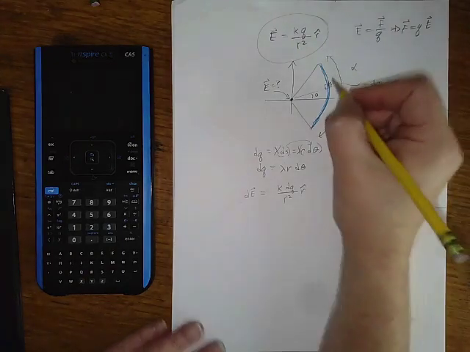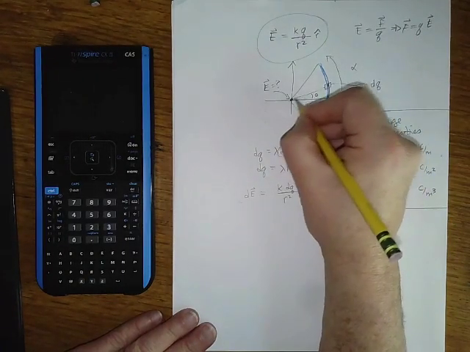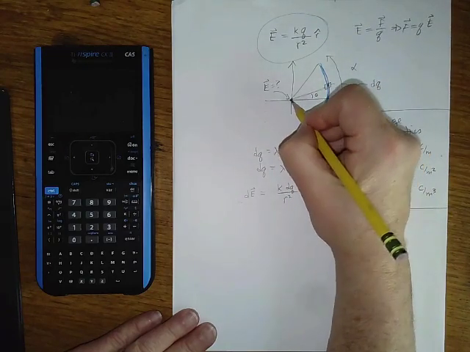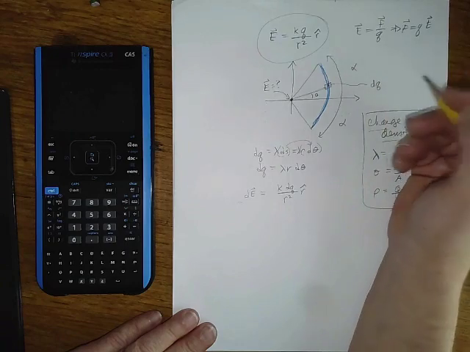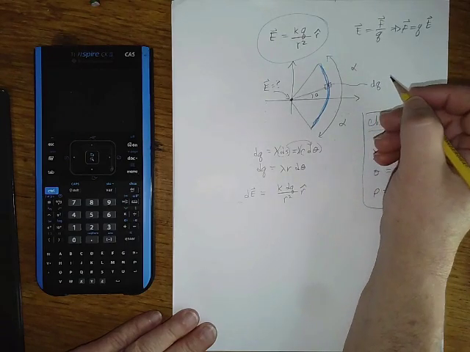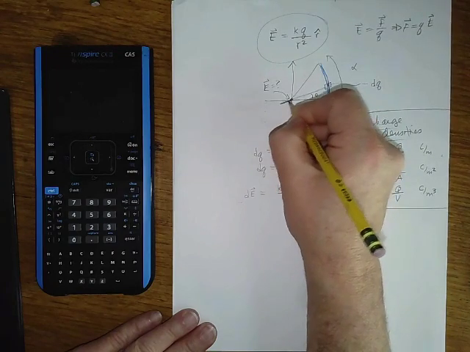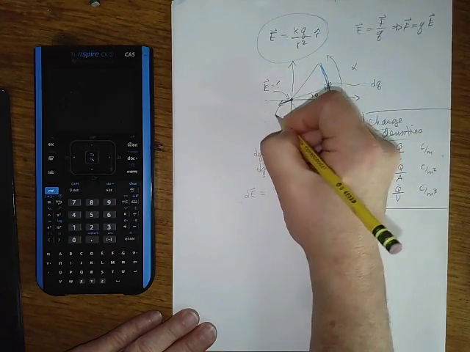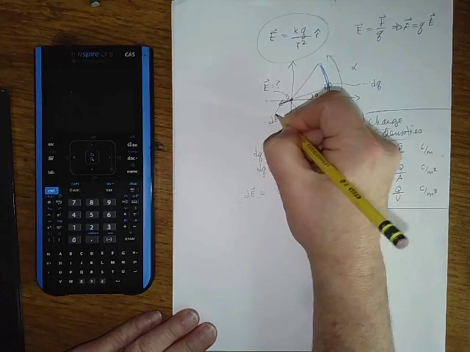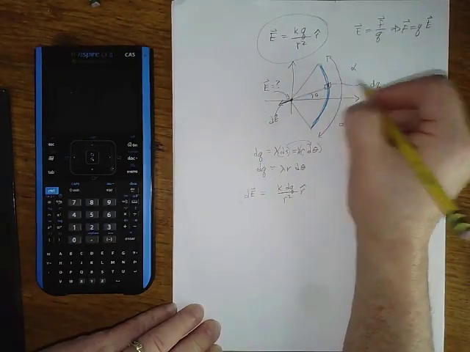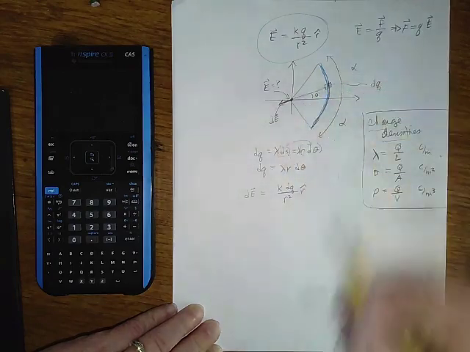But then it gets a little more tricky. So let's say we're taking this point and we're calculating the dE from that. So where would that be? Remember we're thinking of a positive test charge, and let's just assume we have positive charge density on our line, and so the field will be pointing away. So this would be our dE field vector from this little dq part of the line.